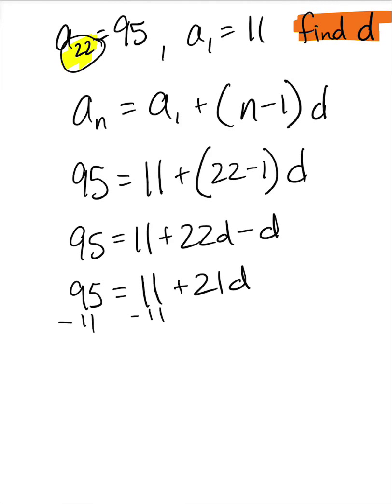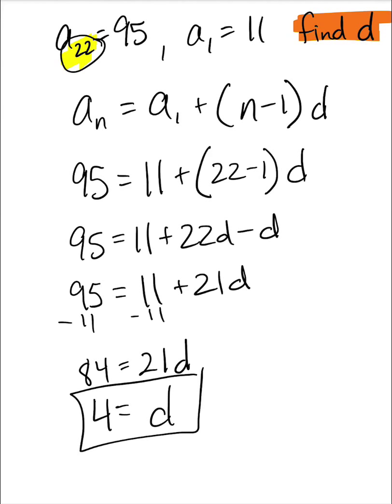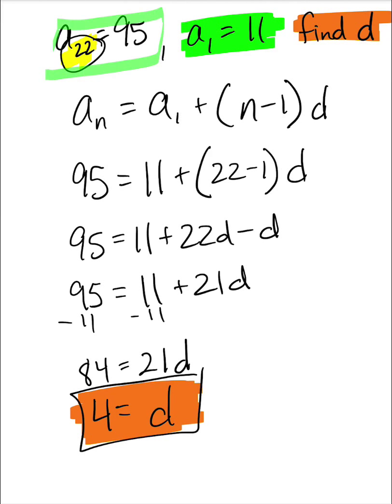Minus 11, going to give me 84 equals 21d, and that's going to leave me with 4. Right? So my difference is 4. So I start off with 11, and I know now that I keep adding 4 to 11. After I add 4 a total of 21 times, I end up with 95.